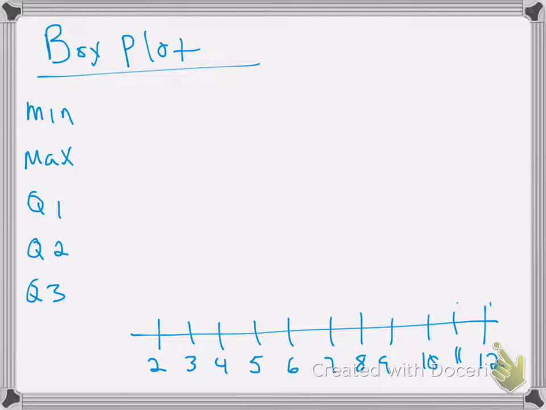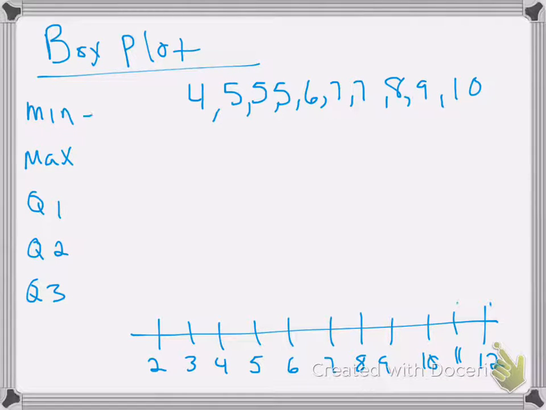Well, I remember that I had 1 4, I had 3 5s, I had a 6, I had 2 7s, I had an 8, a 9, and a 10. All right. So our min and max are nice. Our min is my smallest, and my smallest is 4. I got it in order already, because you have to put them in order to find these things. Okay? All right, so we've got our max of 10.